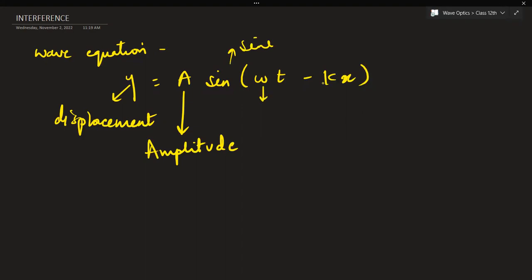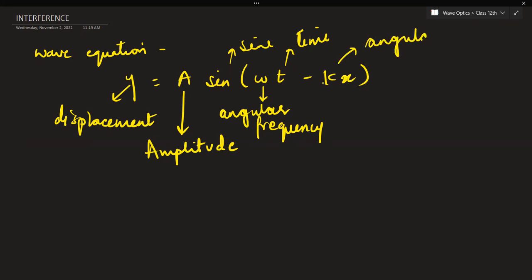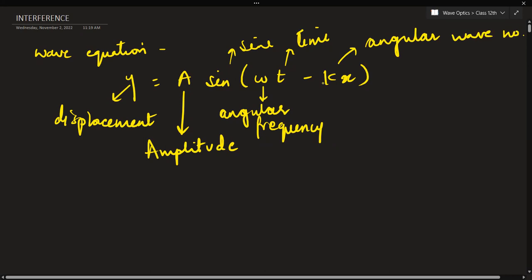Omega is angular frequency. T is time. K is angular wave number. X is the position of the wave.